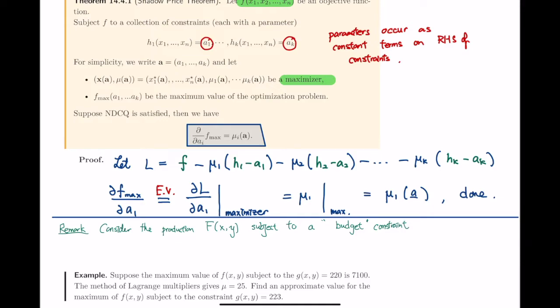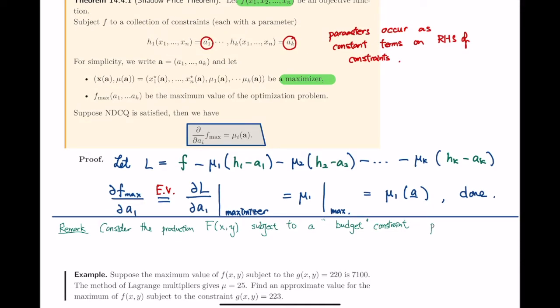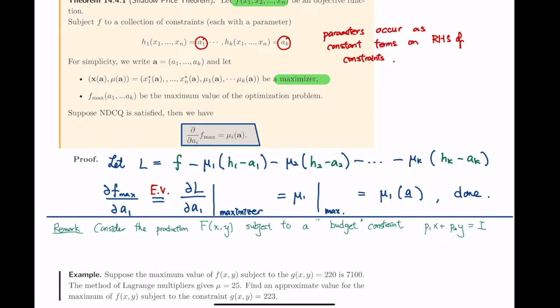So the budget constraint has the form P1 x plus P2 y equals I. Okay? Because x and y are the inputs of your production, and each of them has a cost, of price P1 and P2 respectively. And P1 x plus P2 y is the total cost of the production, and that equals I. And I is the total budget of your production.